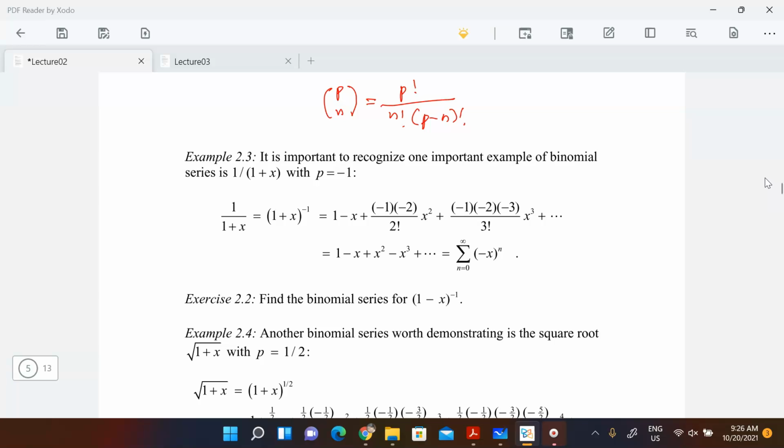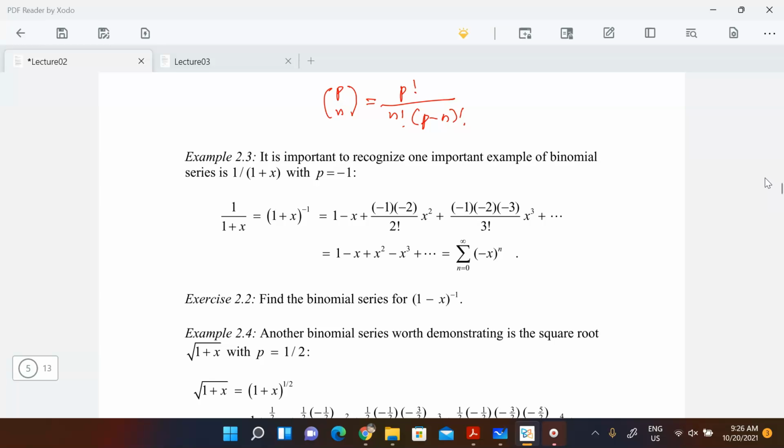So you can see that, okay, your p factorial here, if you were to expand this without the denominator, then you go from p multiplying until 1, right?